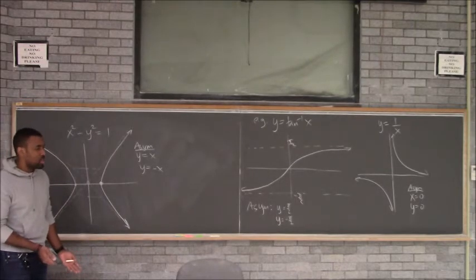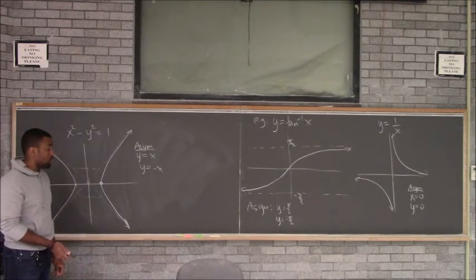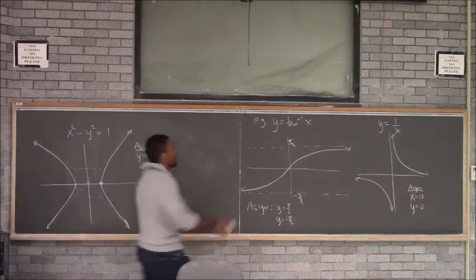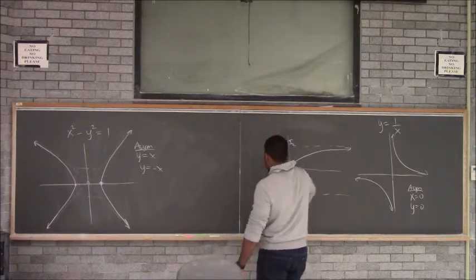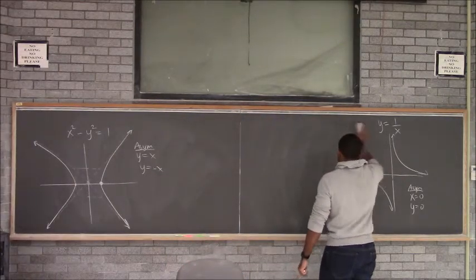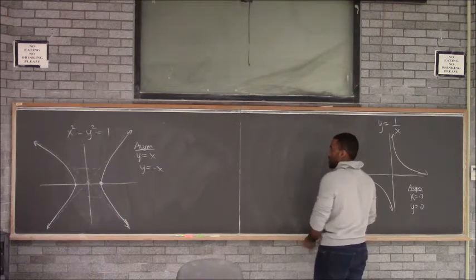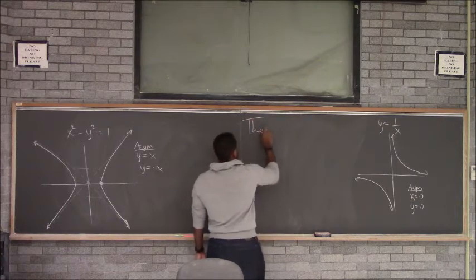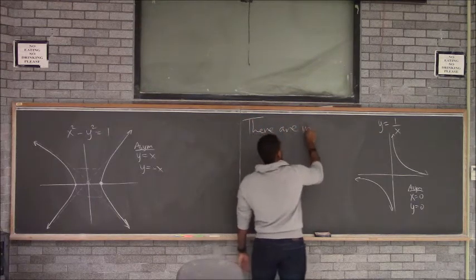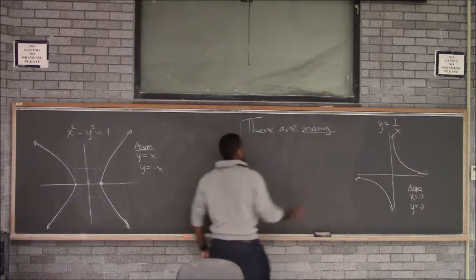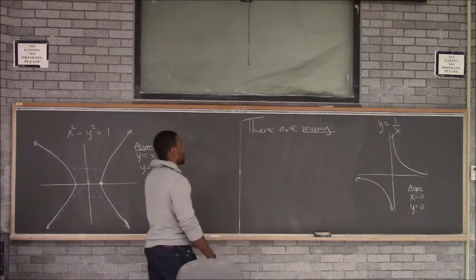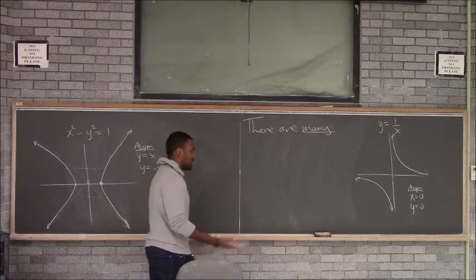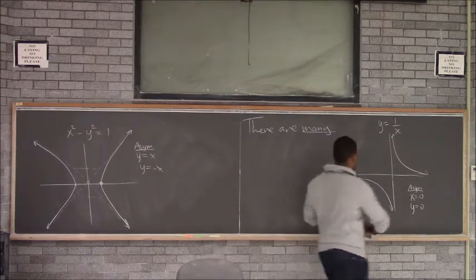They don't have to be straight lines, even though all these examples I gave you are straight lines. But we're not going to care about all of them for what we want to do. There are as many kinds of asymptotes as there are curves. You can just draw a random curve and say, I'm going to draw a graph that's an asymptote to this curve.